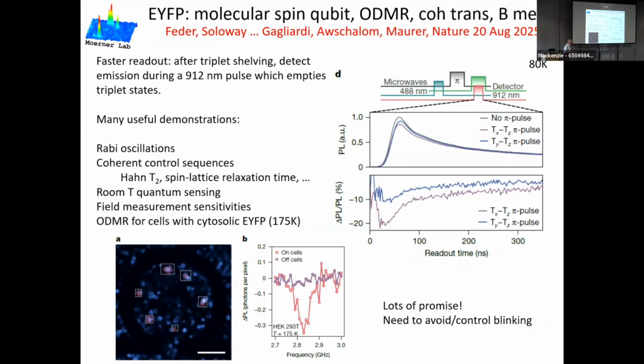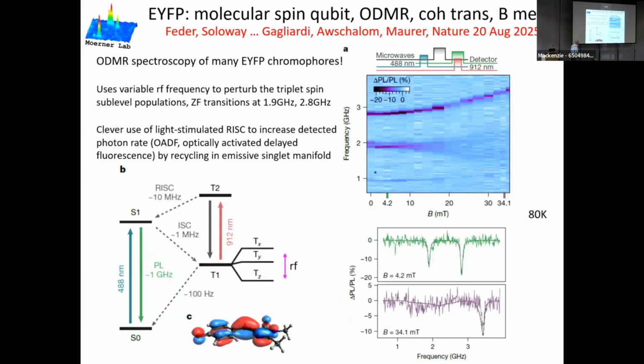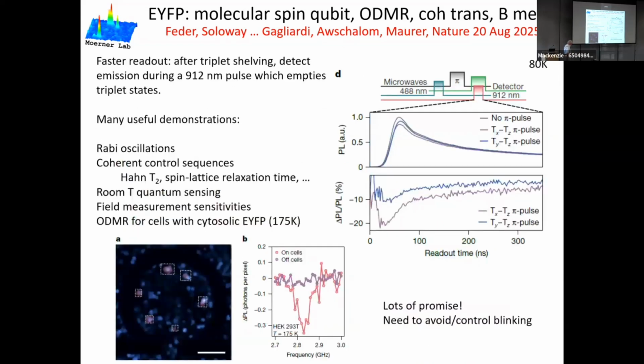But in the context of what I was saying, remember that these fluorescent proteins not only do things on these sorts of time scales, and in particular the time scale that is important for the triplet state itself was about 5 milliseconds for that EYFP that they reported. But if you remember that I said that these YFPs on a longer time scale would just completely turn off because of change in the chromophore completely.